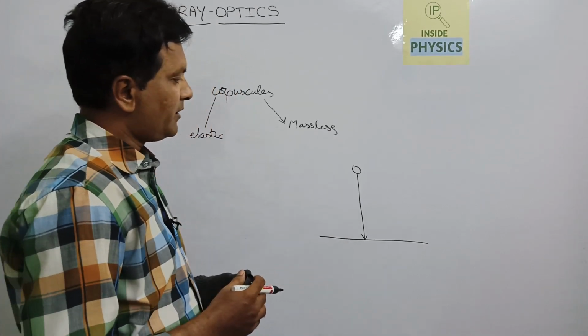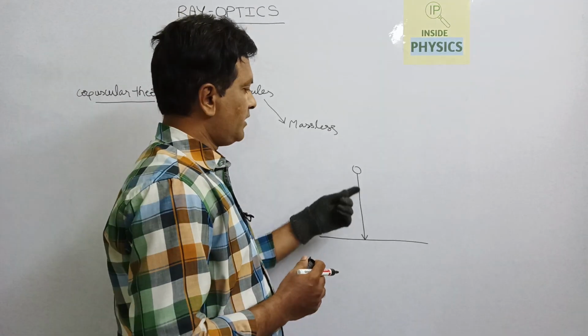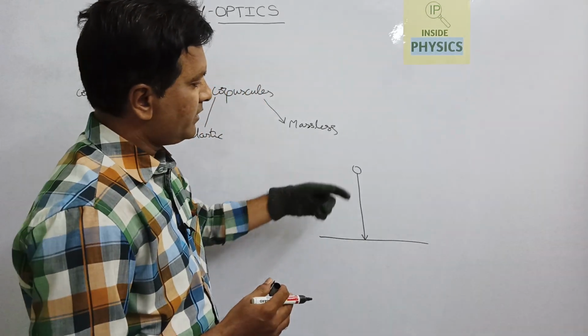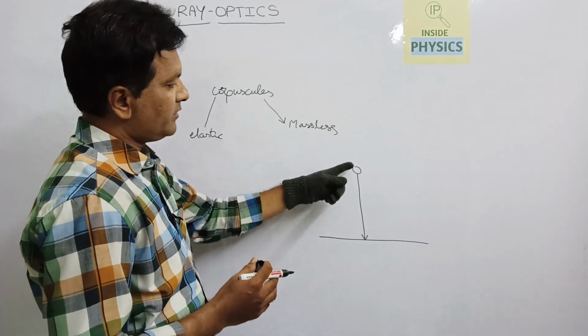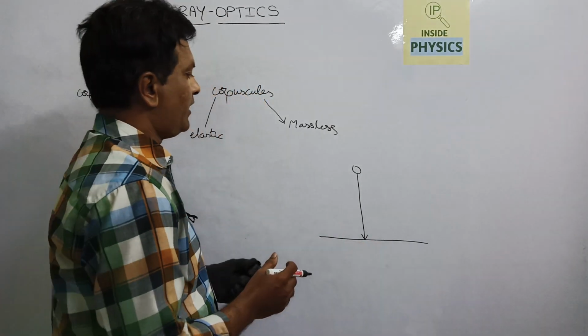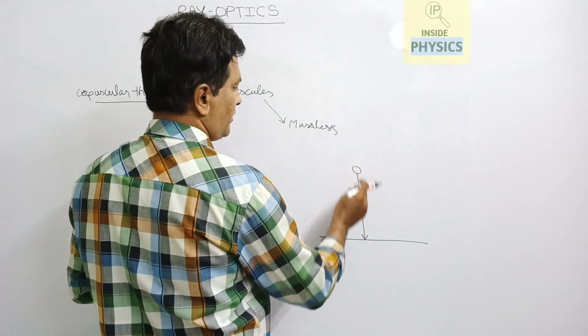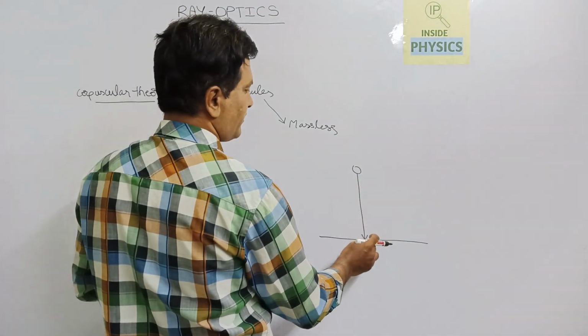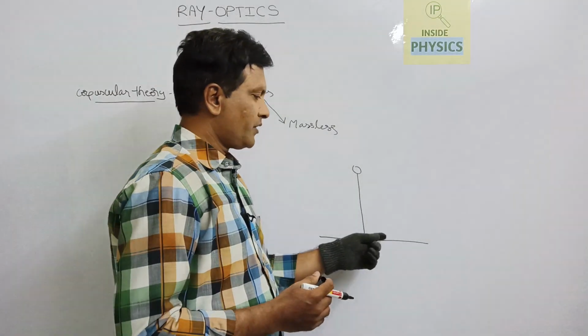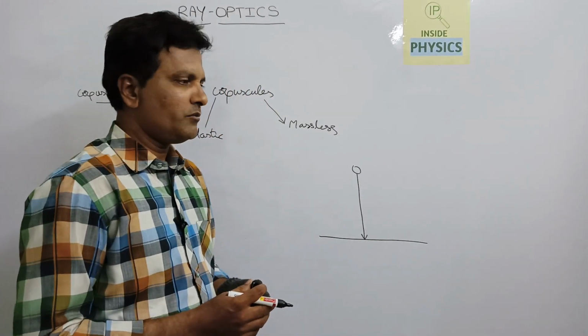Here the vertical momentum is completely reflected back. The vertical momentum is completely conserved, and it is the cause for the ball to hit the surface and bounce back. Here there is no consideration of horizontal momentum.